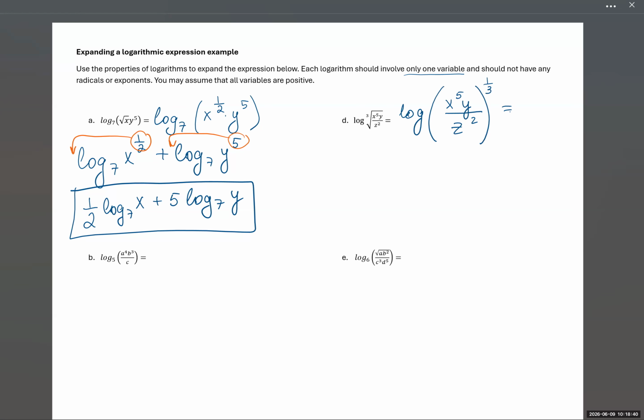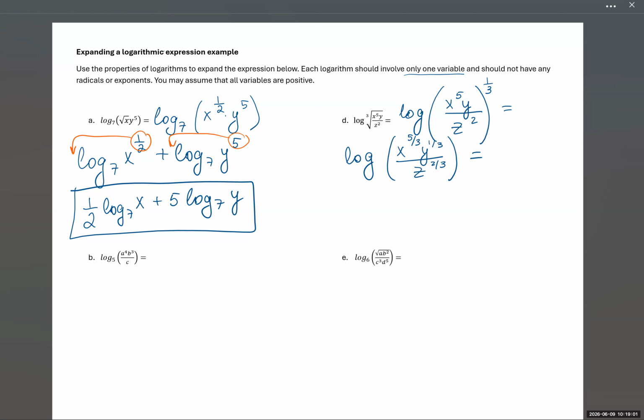We'll now go ahead and distribute that 1/3 power inside the parentheses. So this is log base 10 of x to the 5/3 power, y to the 1/3 power, divided by z to the power 2/3.